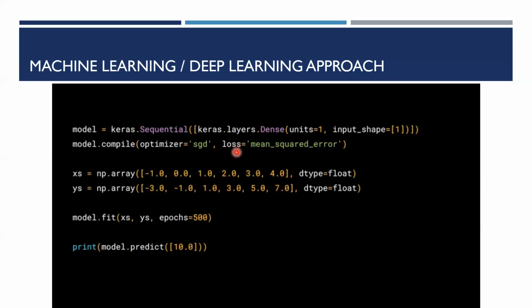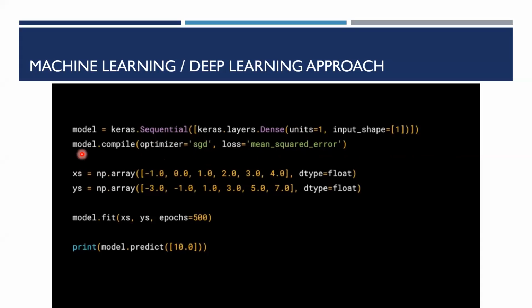Loss calculates the error between the expected output and what is predicted by the neural network. Then, while coming back during back propagation, the correction is done on the neural network, and you make a new guess by using the optimizer.